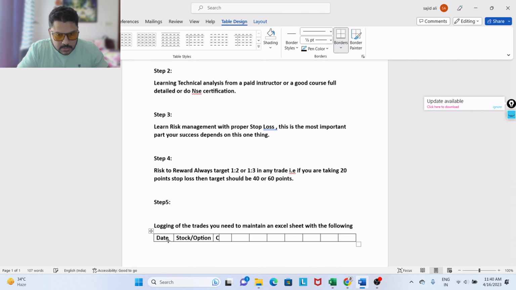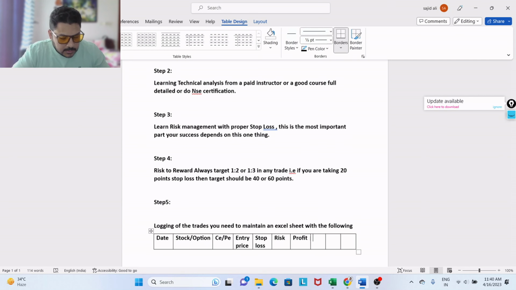Then whether it is a call or a put. Then you have entry price. Then you have stop loss. Then you have risk. Then you have profit. Then you have quantity.